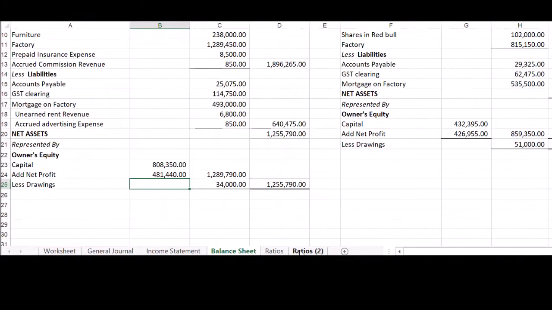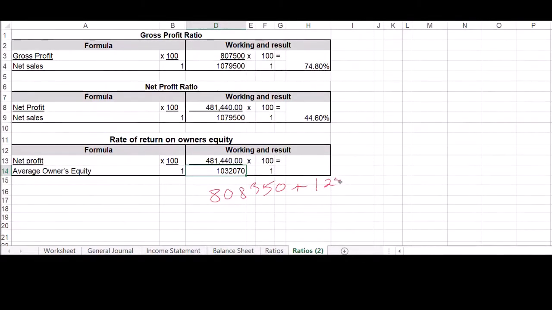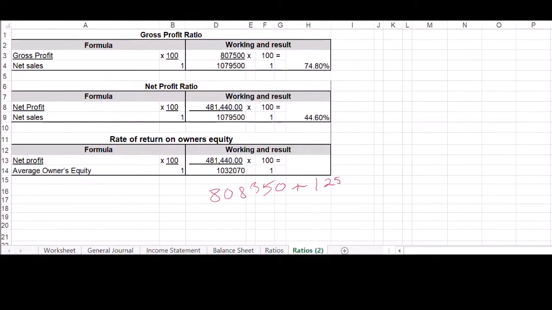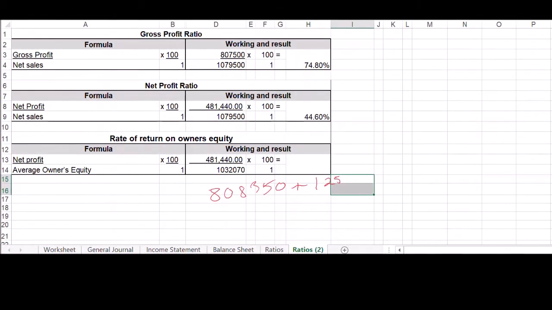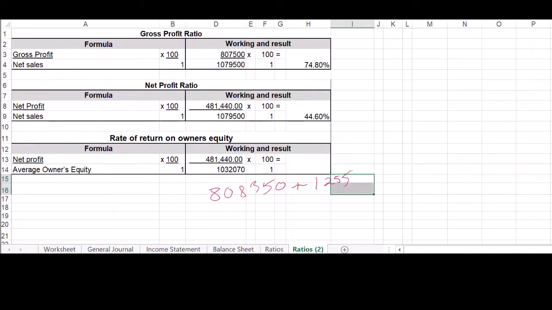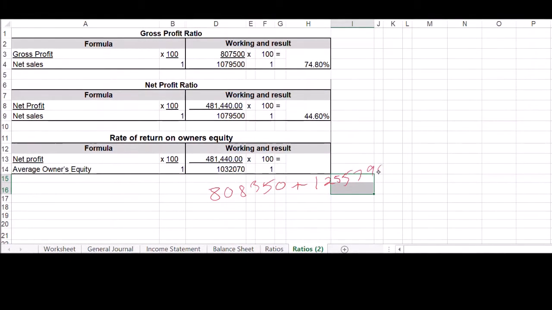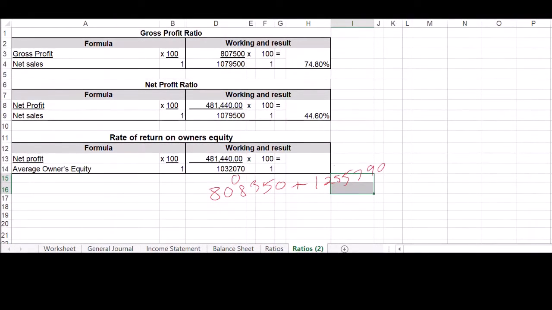Double check that. 255,790. So that's the opening and that's the closing.